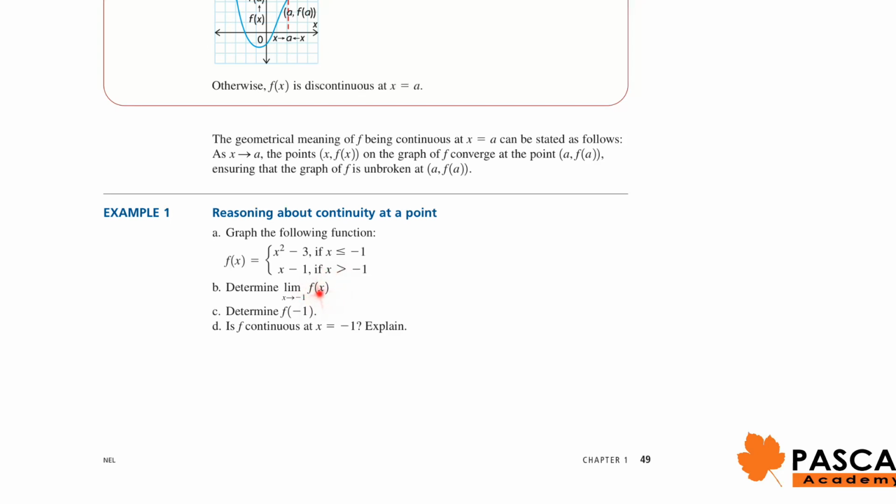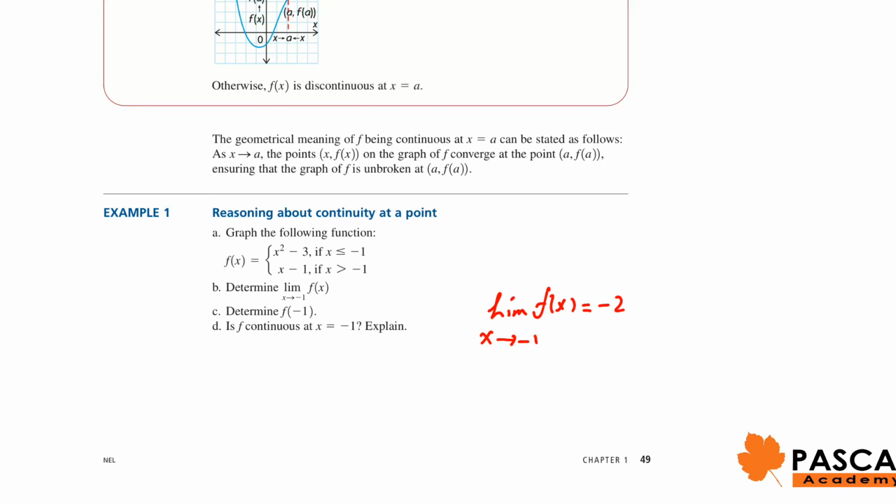The limit of f of x as x approaches -1 from the left side would be the limit of x² minus 3 as x approaches -1 from the left side, which is (-1)² minus 3, again -2. Therefore, the limit of f of x as x approaches -1 is -2.